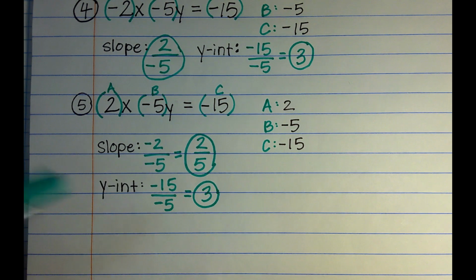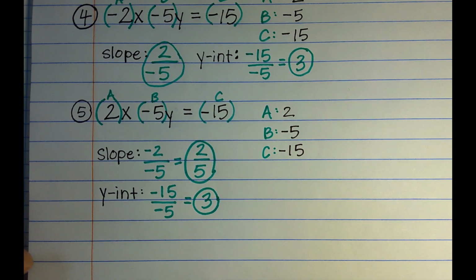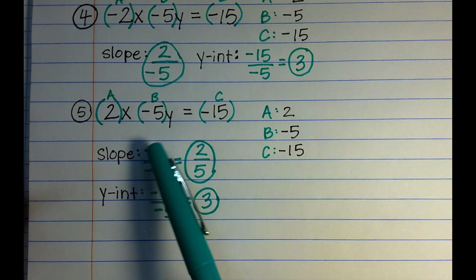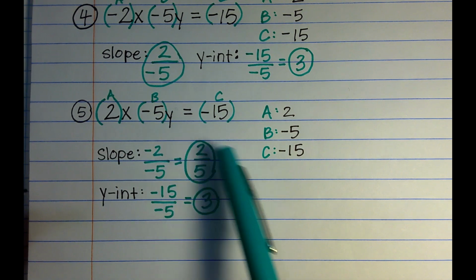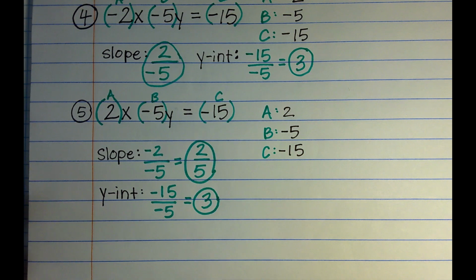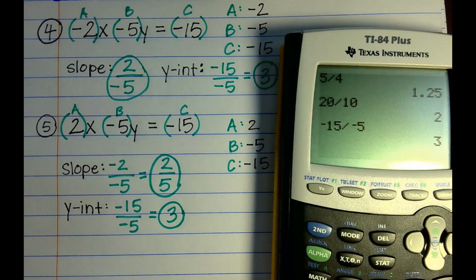Do we have any questions on 4 or 5? So you have the two negatives on your slope, you have to turn them back to positive. Yes, anytime you have a negative divided by a negative, it becomes positive. Those negatives cancel. And we can see that also on our calculator.